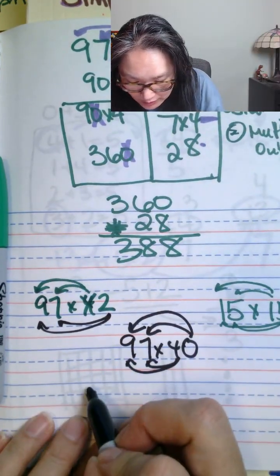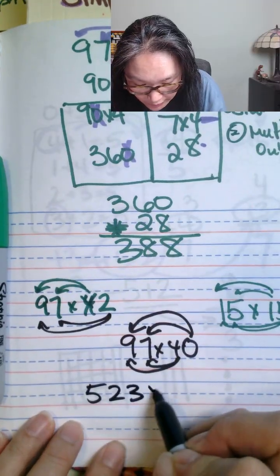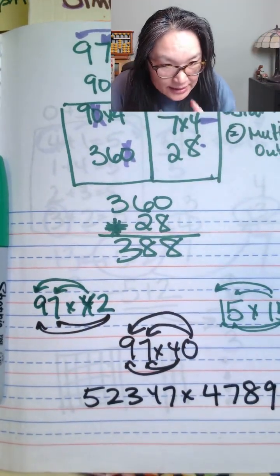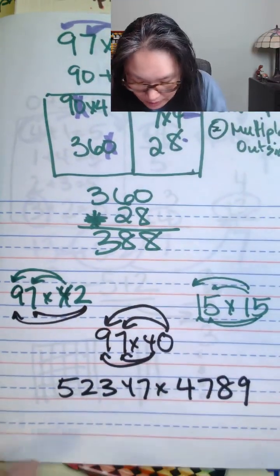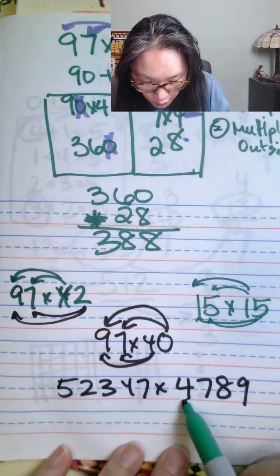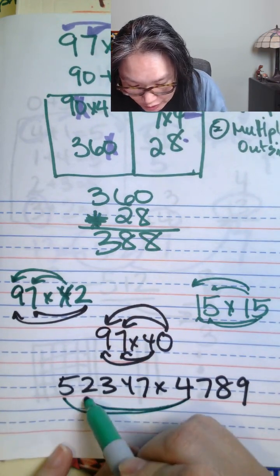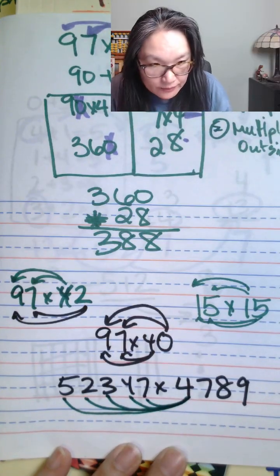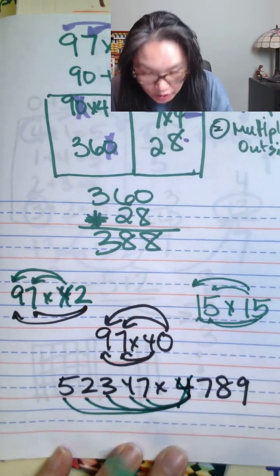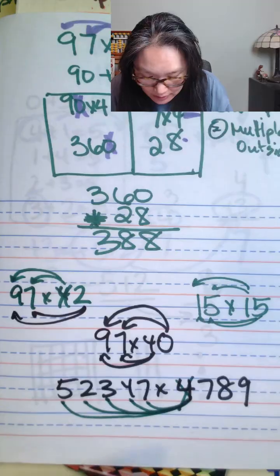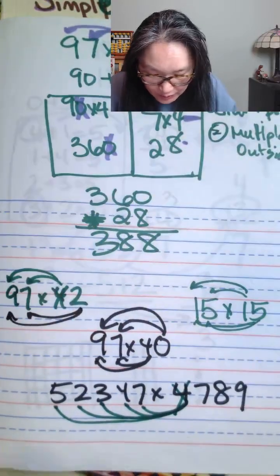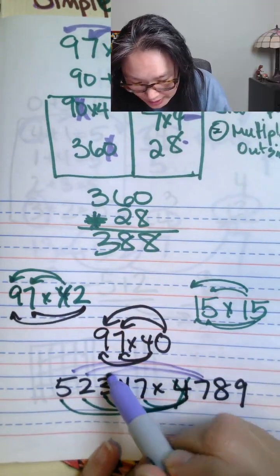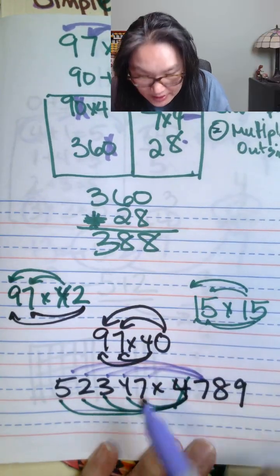So even if we do more, let's do 5 digits: 1, 2, 3, 4, 7 times 4, 7, 8, 9. It's still the same thing. 4 times 5, 4 times 2, 4 times 3, 4 times 4, 4 times 7. Then when that's done, you restart, and it's 7 times 5, 7 times 2, 7 times 3, 7 times 4, 7 times 7.